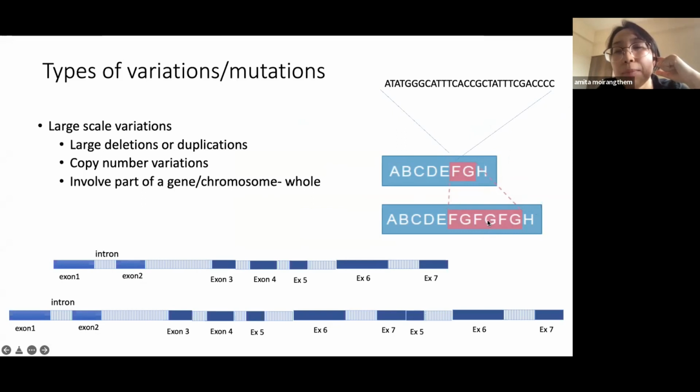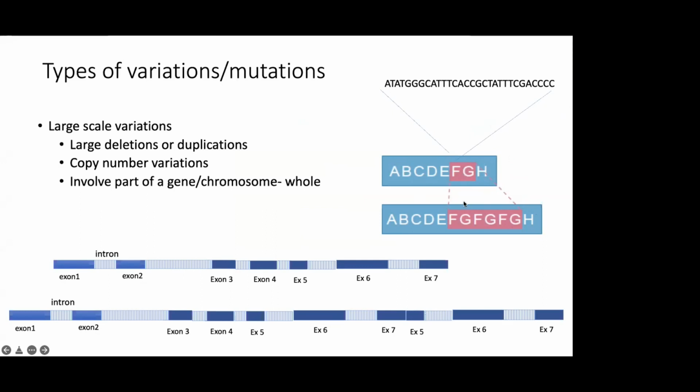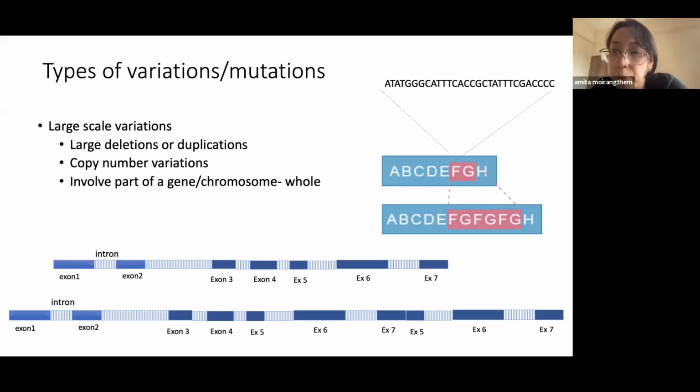So the copy number is changed from the reference individual, and there is a triplication of the original segment here, which is again shown by the below diagram.